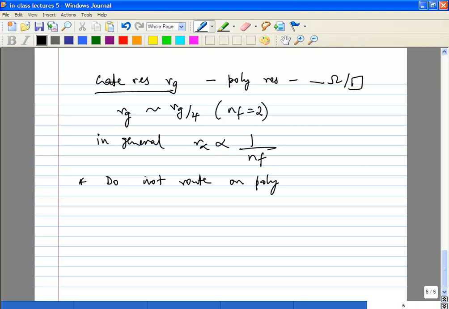At some level, you can play around with the timing at a higher level. So people do route on poly for standard cell gates because they want to make it extremely compact. If you want to cram in a million gates and each one is just a little bit larger, it will grow quite a lot. But in analog layouts, never route on poly.